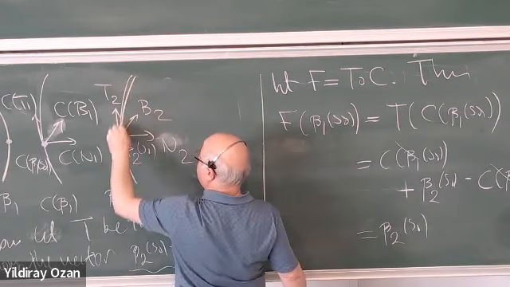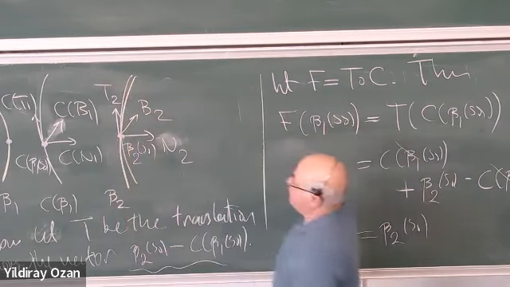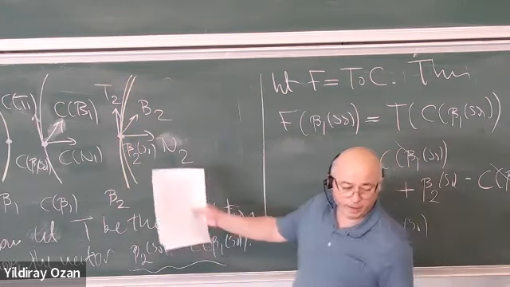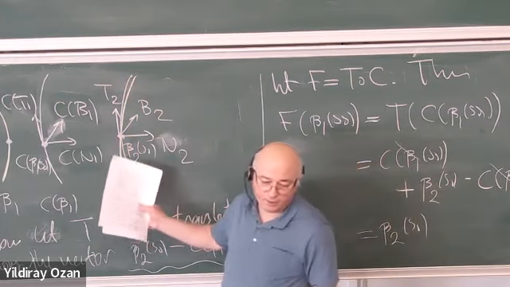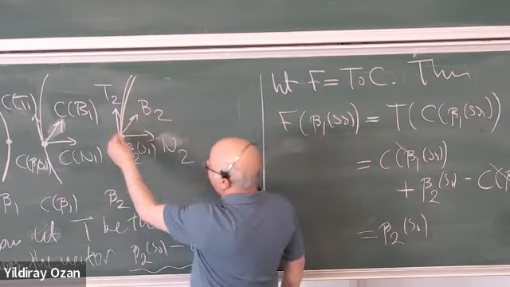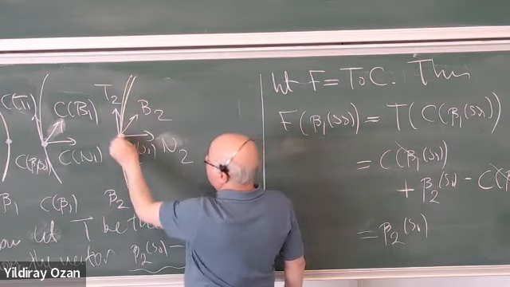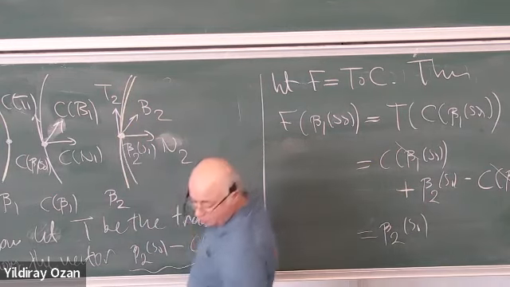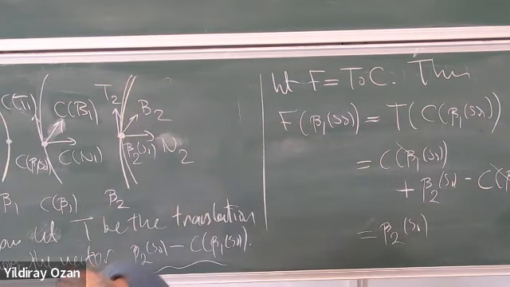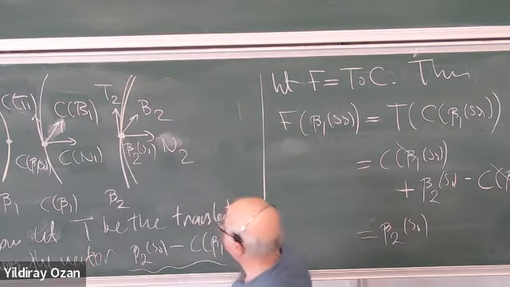It passes through this point, but at the moment, it may not be the same curve, right? Maybe it is something different than beta 2. The only thing we know is that it passes through this point. But we will show that actually that cannot happen. They are the same curve.